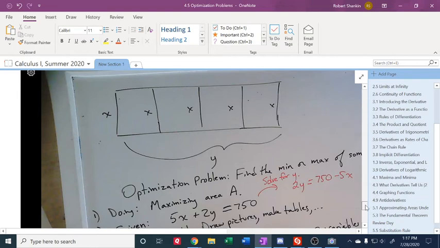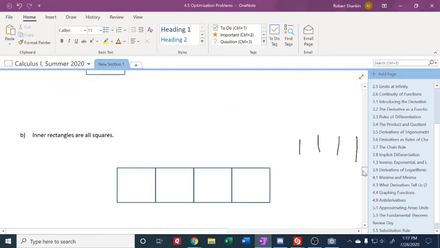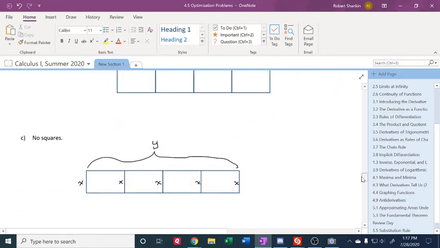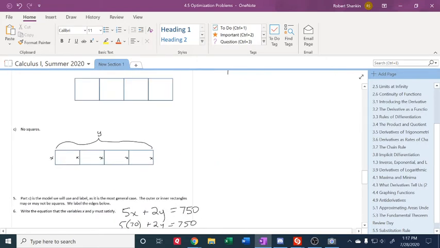Let's go back. When we had taken guesses that they were all squares, the guess would have been a little different, because it turned out that the x was larger than the y, the smaller portions of the y. These were 75 and these were about 46.